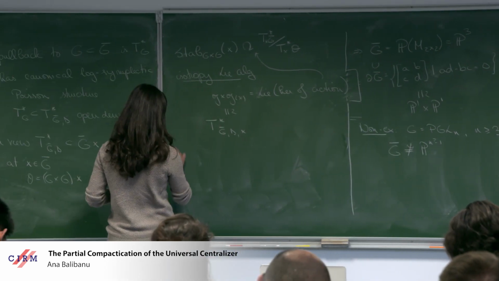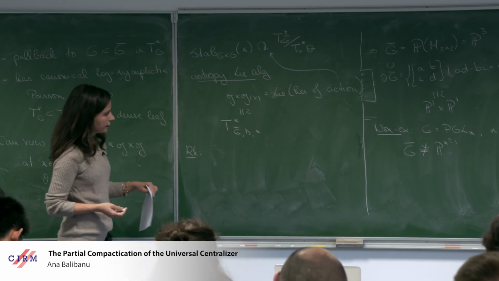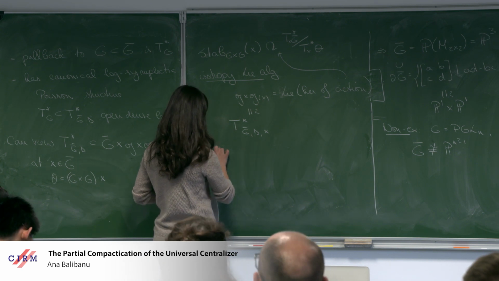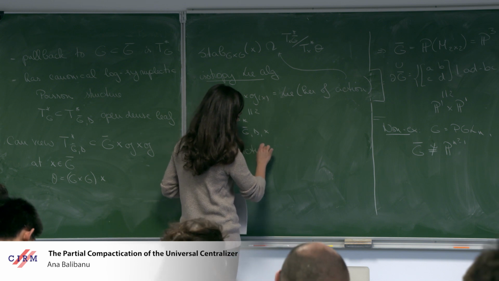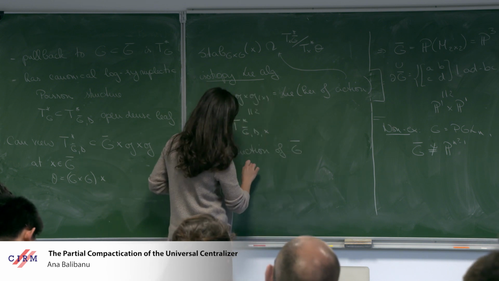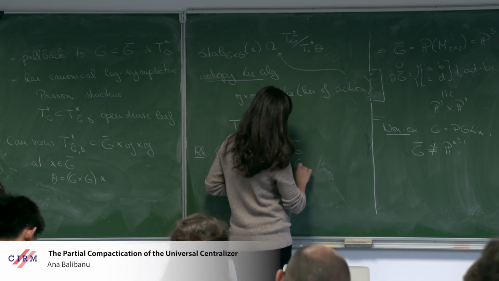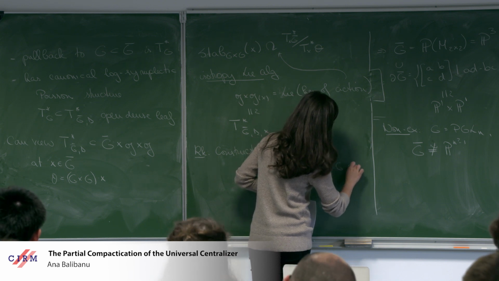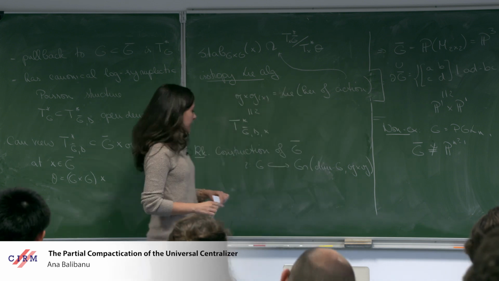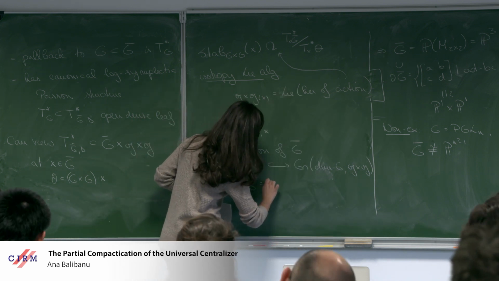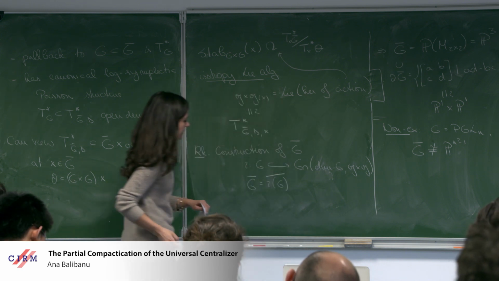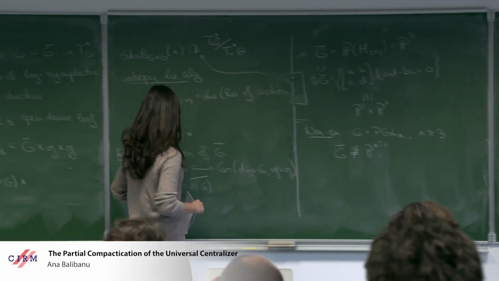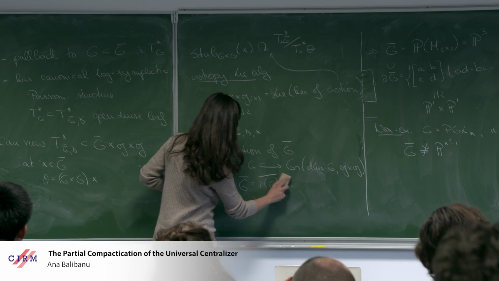So there's actually a sort of alternative construction of the wonderful compactification, where we embed the group G into the Grassmannian of group-dimensional subspaces of G cross G, and then G bar is the closure of the image of this embedding.